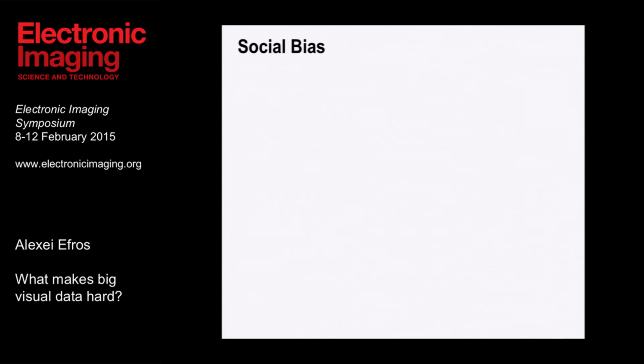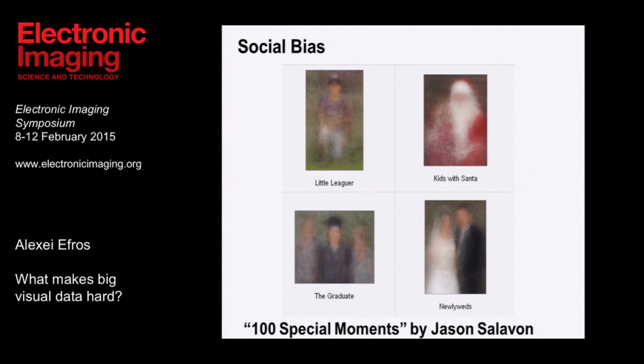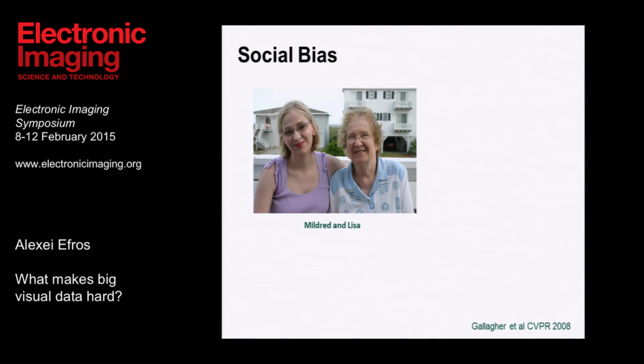There is also social bias. We already talked about Jason Sullivan, the type of images that people take. And there is another type of social bias, this is Andy Gallagher's work that I really like. He shows this picture and asks the question: this is a picture of Mildred and Lisa.